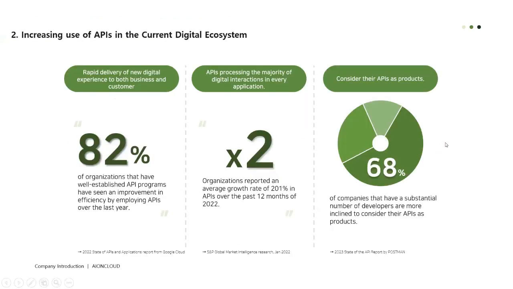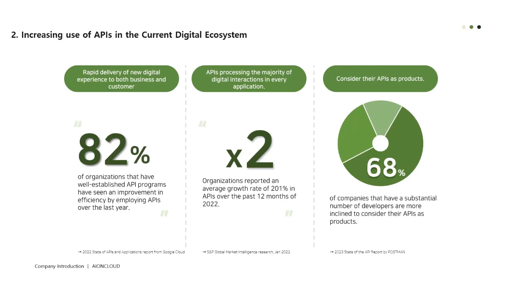And also, there is increasing use of APIs in the current digital ecosystem. Currently, 82% of organizations have established API programs, seeing an improvement in efficiency by employing APIs over the last years.